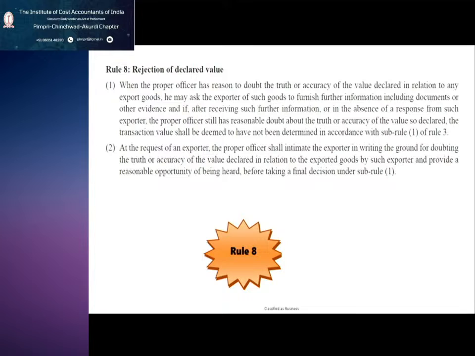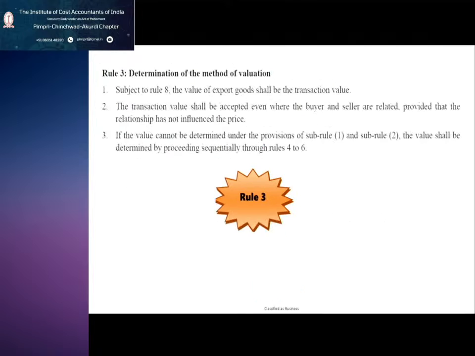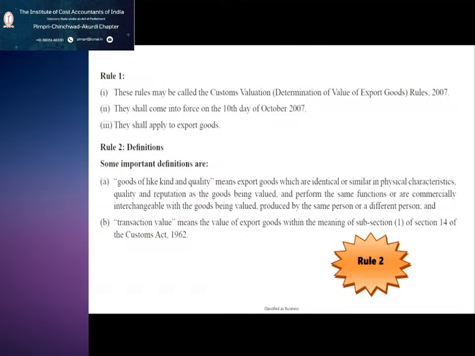Till the time I submit those documents, the transaction value shall not be determined. So the rejection of the declared value it is. So how do they value? The main thing we need to understand, or the summary, is that we have seen rules 1 to 8.